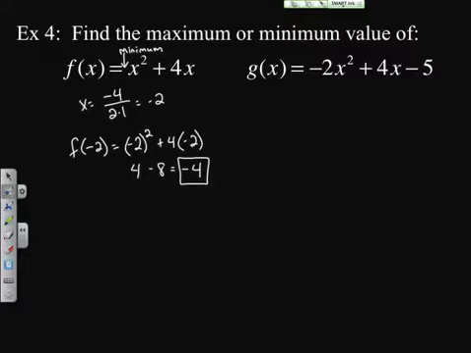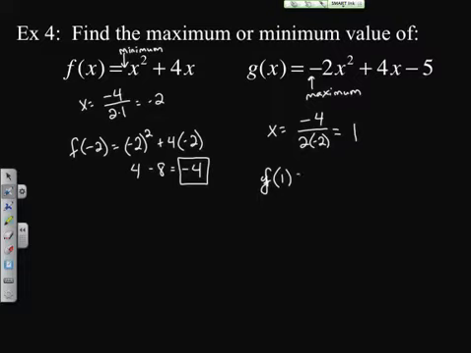When we look at g of x, we do the same thing, but this time we have a maximum. This parabola opens down because of the negative, but the process is the same. Negative b over 2 times a, and in this case we get 1. So to find the maximum, we plug in a 1. Sorry, this is a g function.